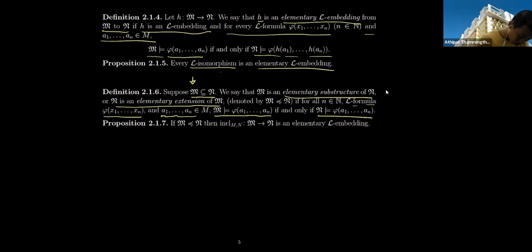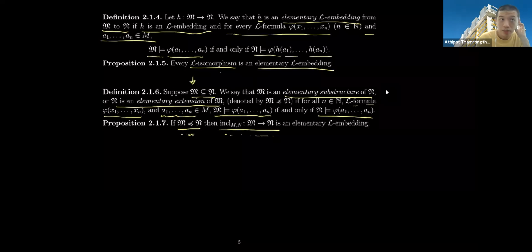Here you can see that if M is an elementary substructure of N, then you can show that the inclusion map from M to N is an elementary L-embedding. So there is some connection between elementary substructures and elementary L-embeddings.